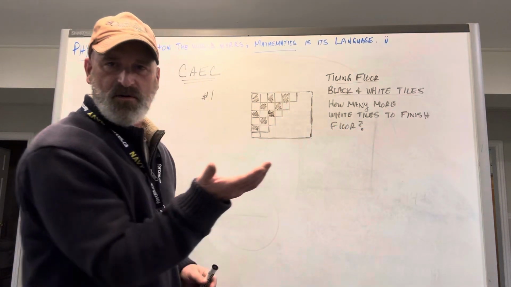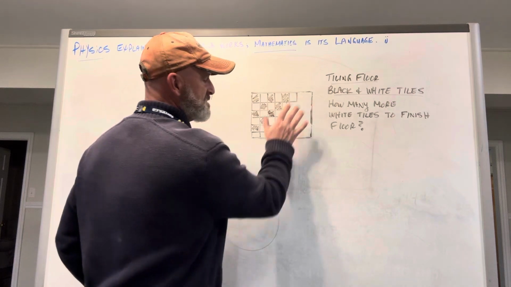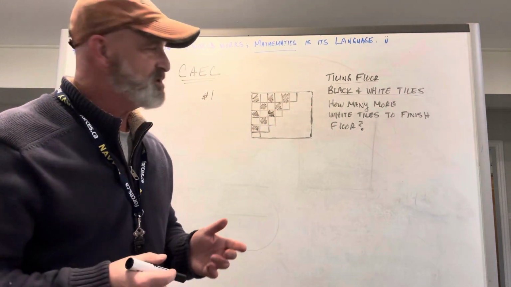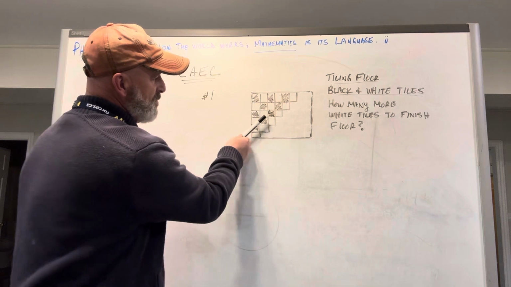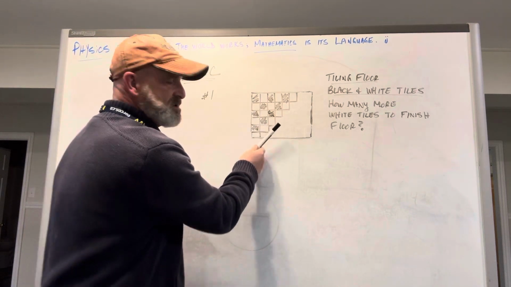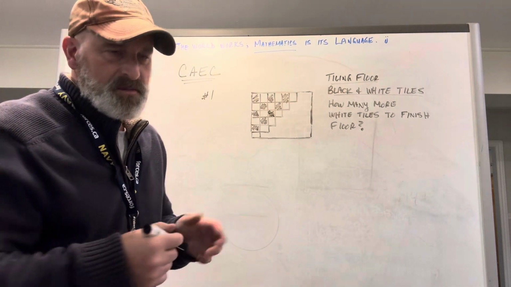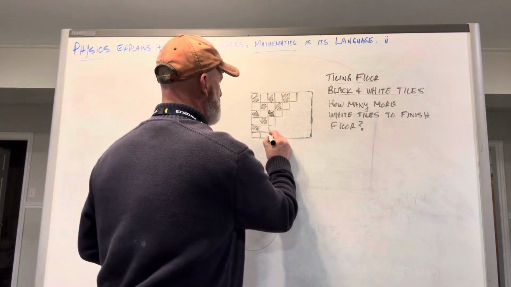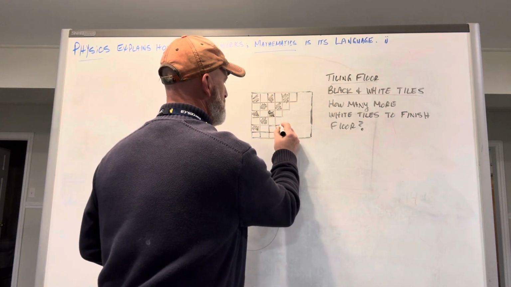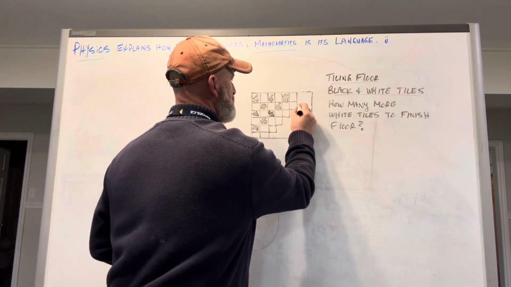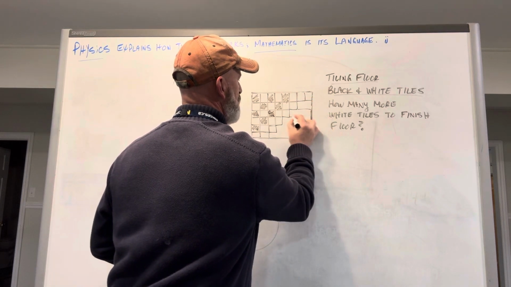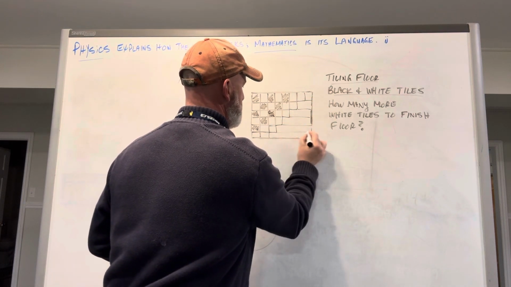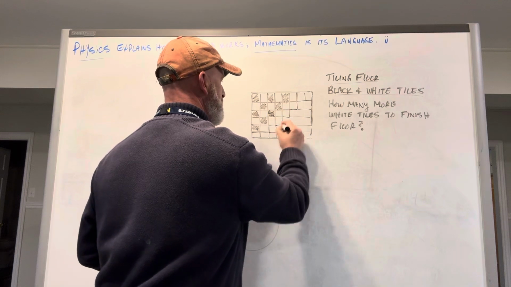So I need to know how many more white tiles are in this section, and the quickest way that I would do it, if it were on a test, I've already recognized that every second row is filled in with black, and I don't want black. So let's just do one more to see if there's a pattern. And of course, these will all fill in, as you can see, and if you felt like it, why not draw them all in?